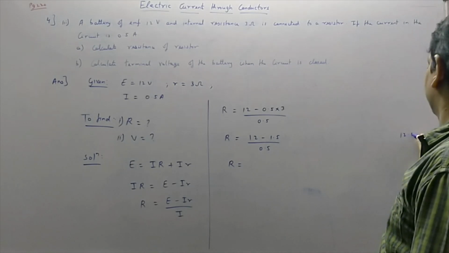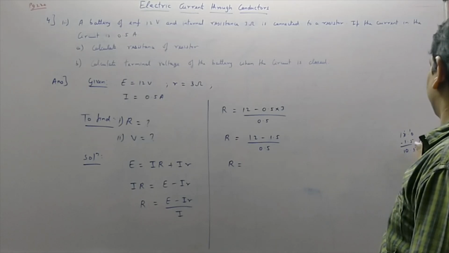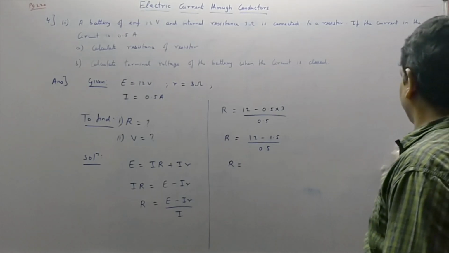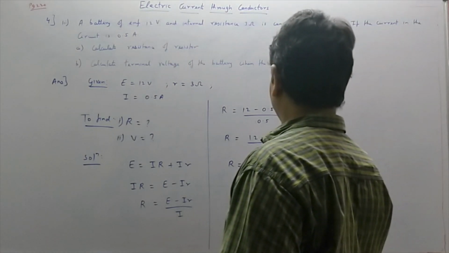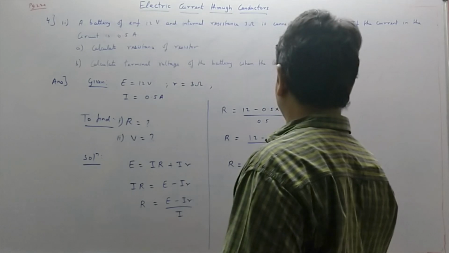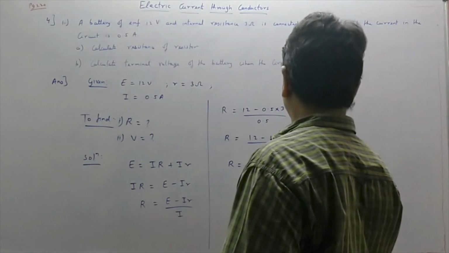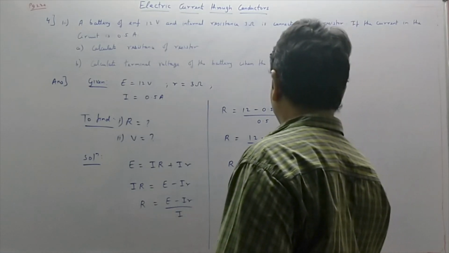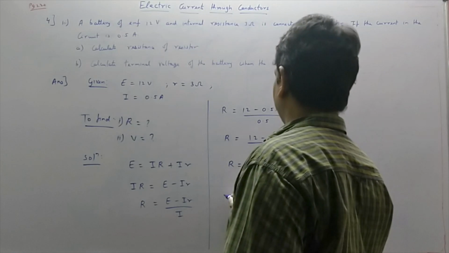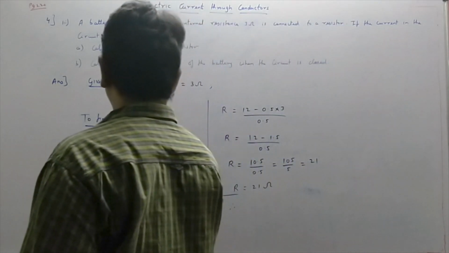So basically you are getting 10.5 upon 0.5, which is 105 by 5, so R is 21 ohms.